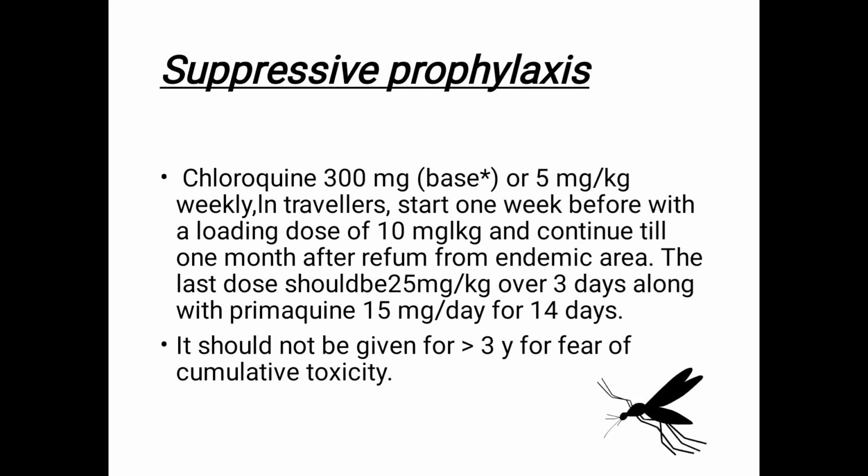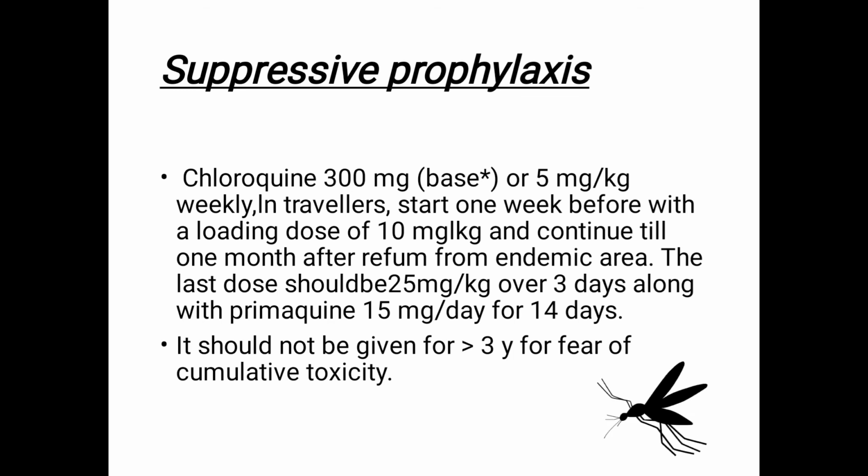So we can manage with chloroquine 300 mg as the base or 5 mg per kg weekly. In travelers, start 1 week before with a loading dose of 10 mg per kg and continue till 1 month after return from the endemic area.